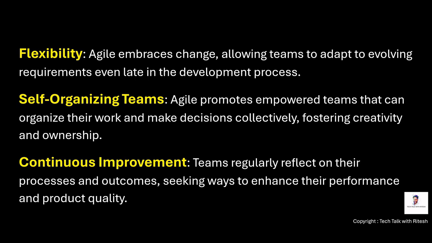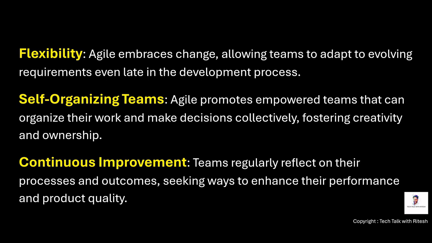So flexible in nature. Self-organizing teams. Agile promotes empowered teams that can organize their work and make decisions collectively, fostering creativity and ownership. So small teams in agile. Each team will have, for example, one backend developer, a front-end developer, a BA.